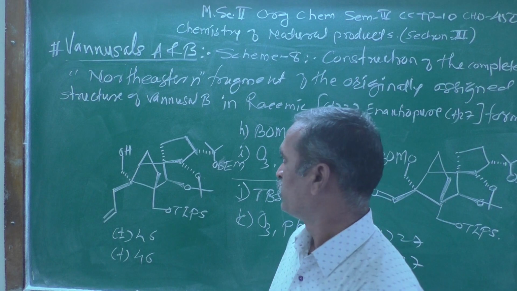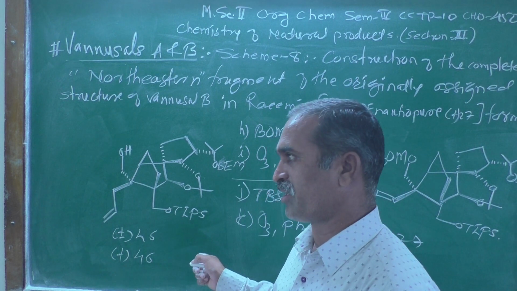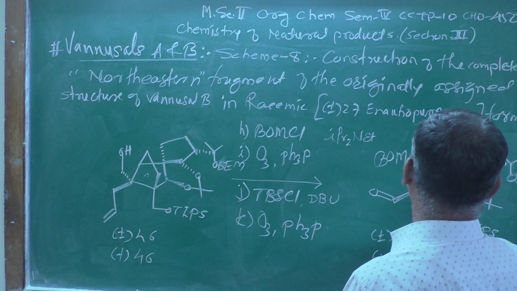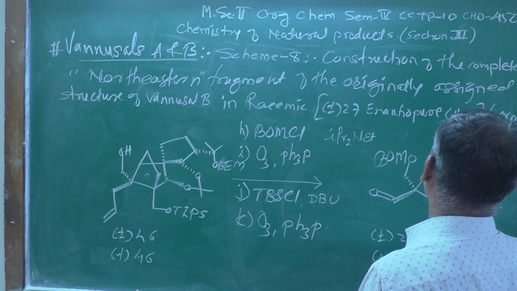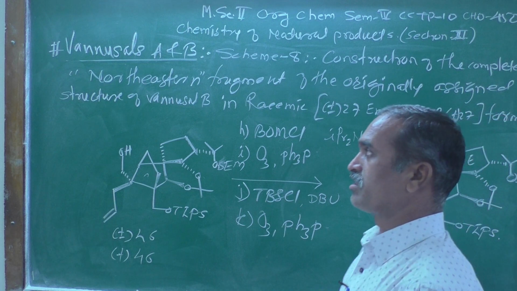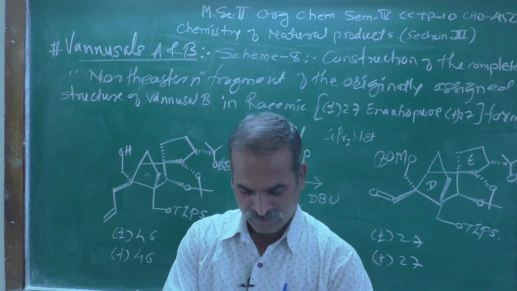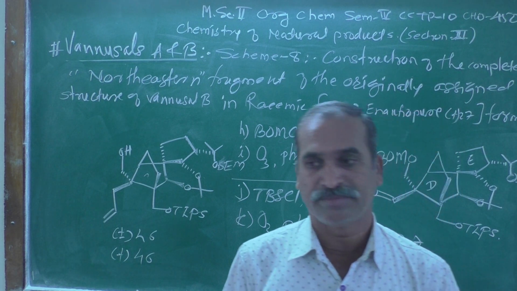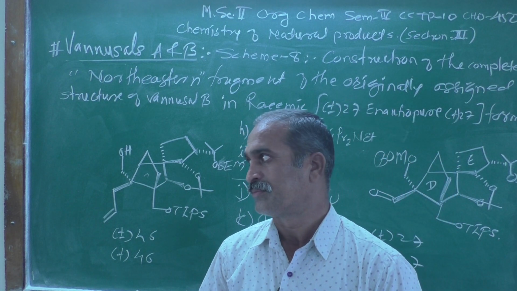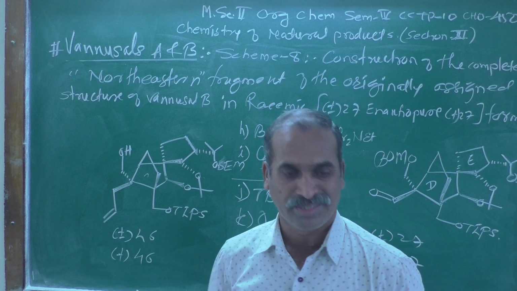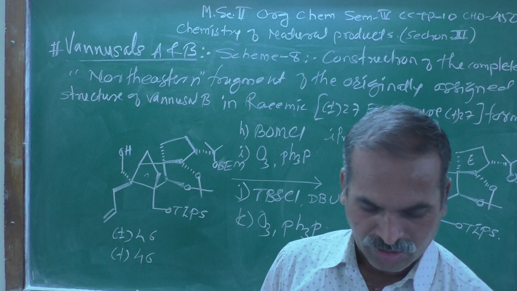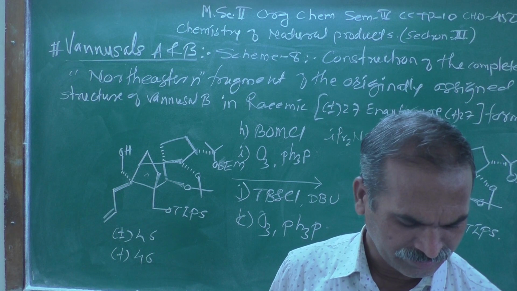We got the right fragmentation of the structure D and E here. This D and this one will be E, and that is the main point of discussion here, how we are getting these compounds.